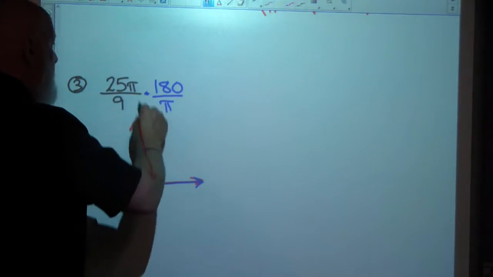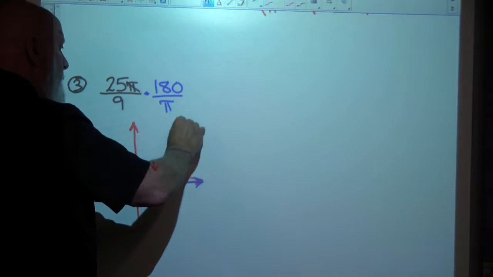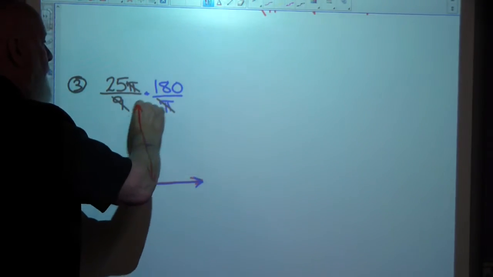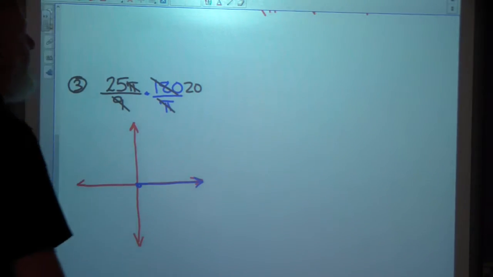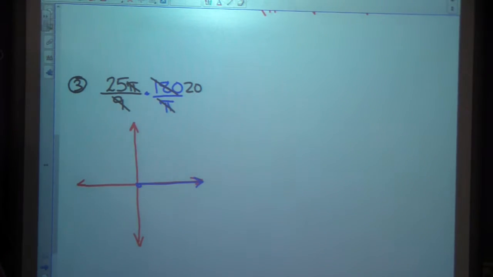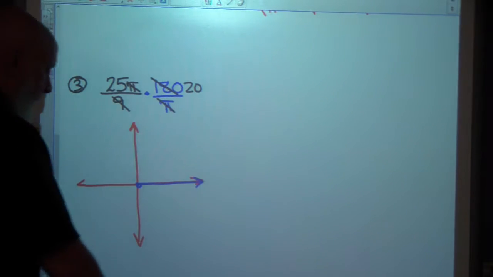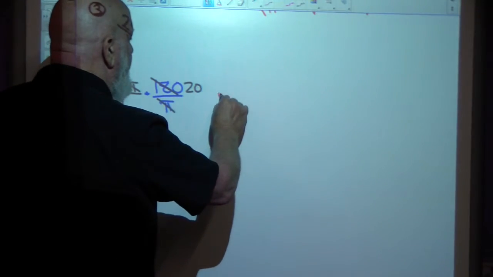These pi's will cancel. This will cancel and become a 20. 25 times 20, that's 500. Is that right? No, yeah, 500. 500 degrees rotation.